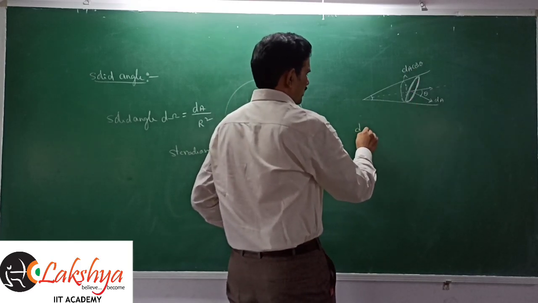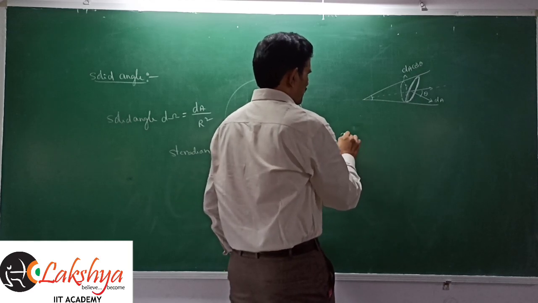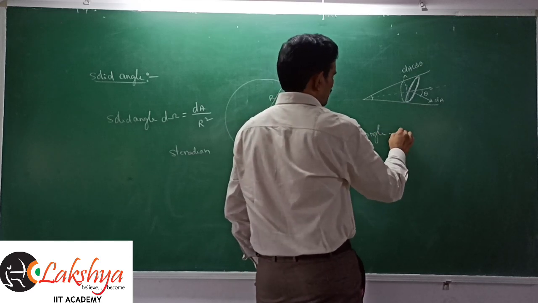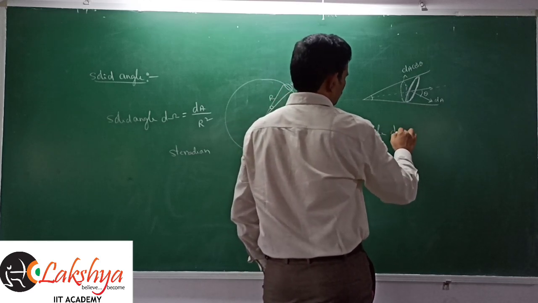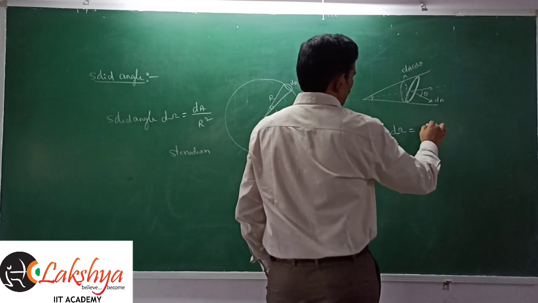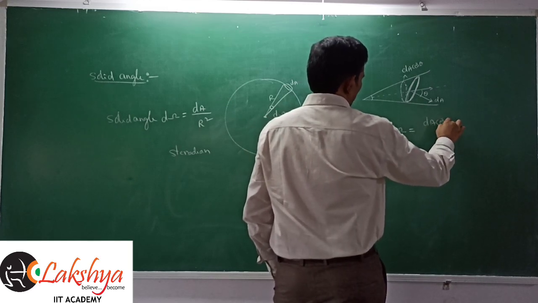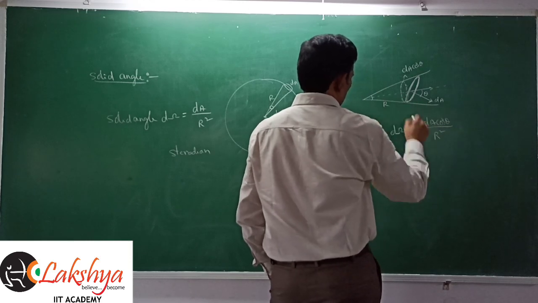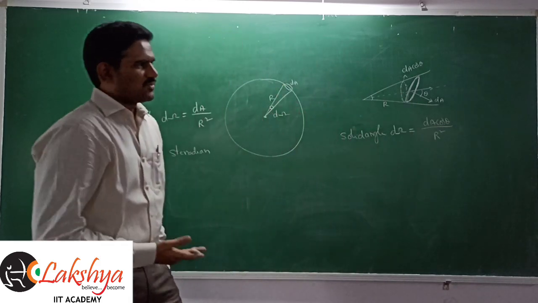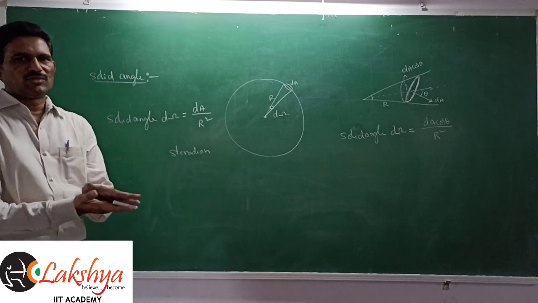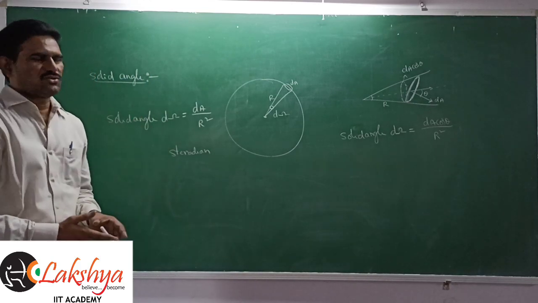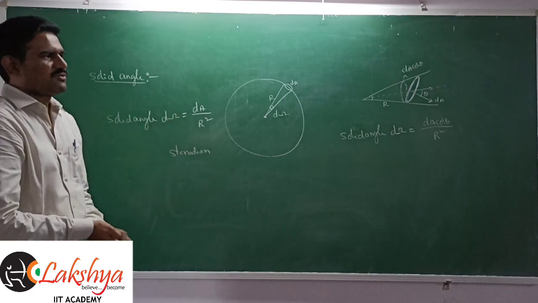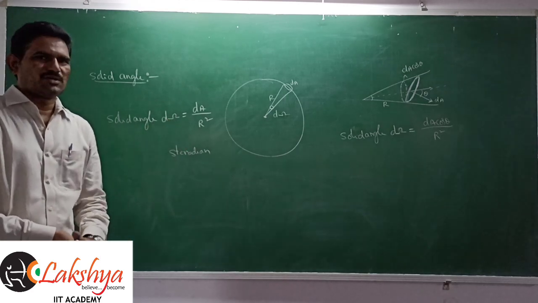So in that case the solid angle is d omega equal to dA cos theta by r square, where this distance we consider as r. So when the area makes a certain angle theta with the normal, we take the normal component, dA cos theta, and define the solid angle as dA cos theta by r square.